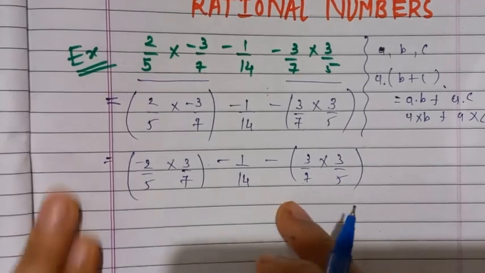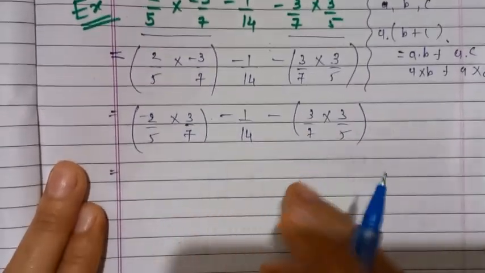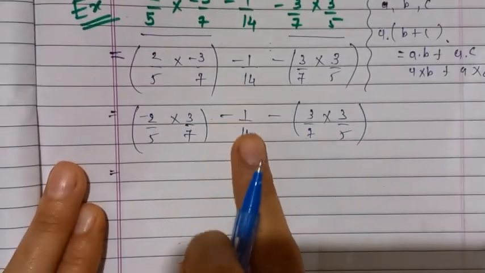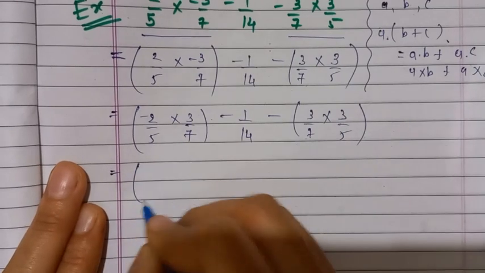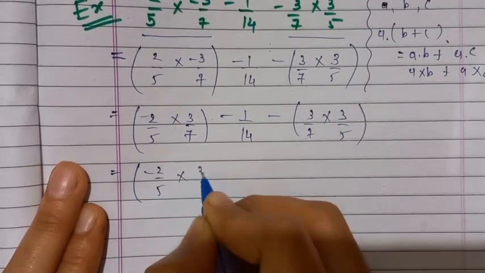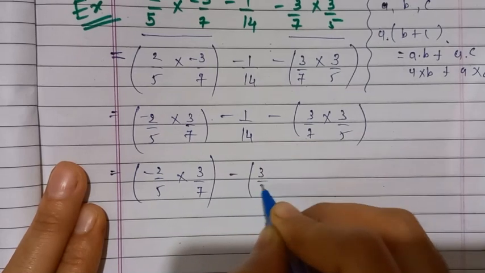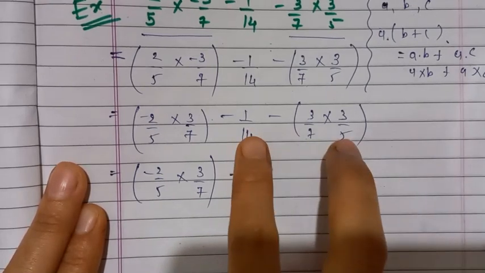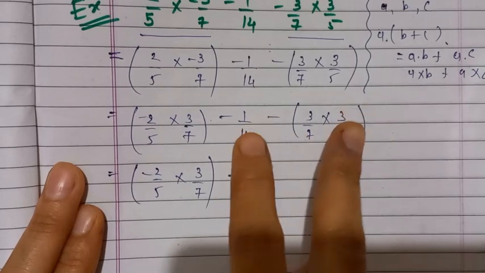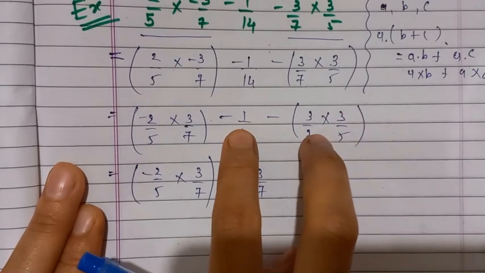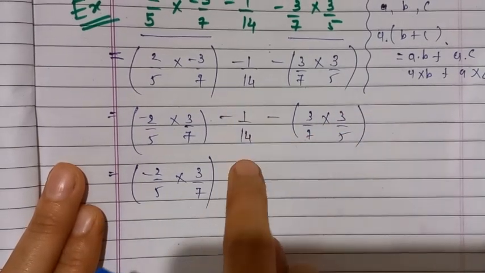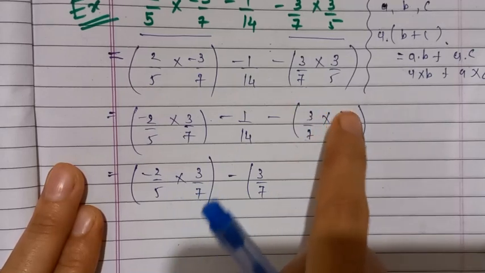Let's write it together. This 1 by 14 we write in the last. Minus 2 by 5, 3 by 7, minus, this is the order. We changed the order of these two: firstly 1 by 14 was first, and after that 3 by 7 into 3 by 5.